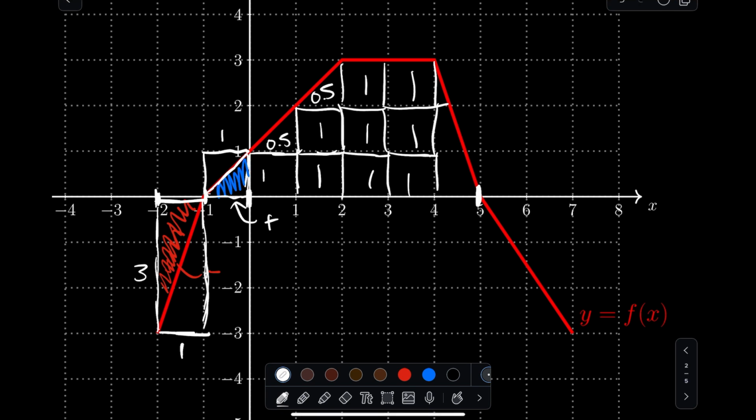0.5. So if we know this is 0.5, 0.5, we don't quite know the area of this or this or this. It's all looking like little tiny sections, but if we do exactly what we did before, and we know that this is a base of 1, height of 3, we know that this area is the same as this area down here, and we calculated that before to be 1.5, right?